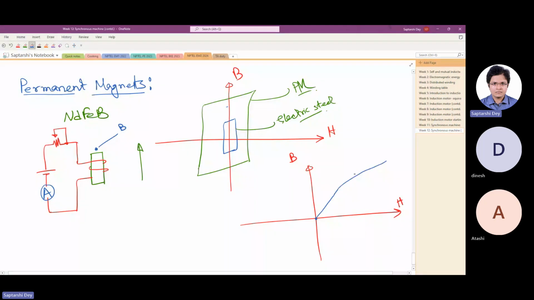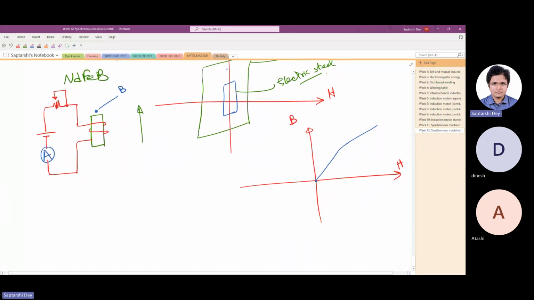If you keep increasing H, the circuit current will keep increasing. Now there is something called an internal characteristic and an external characteristic. These things are very important, so try to get the concept clear.